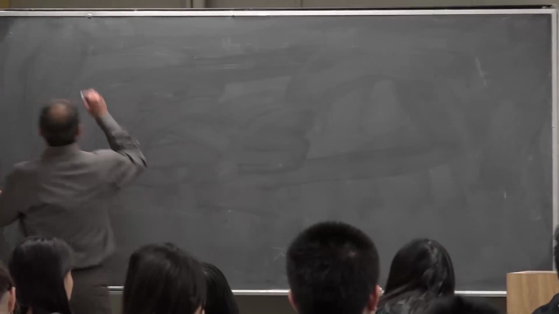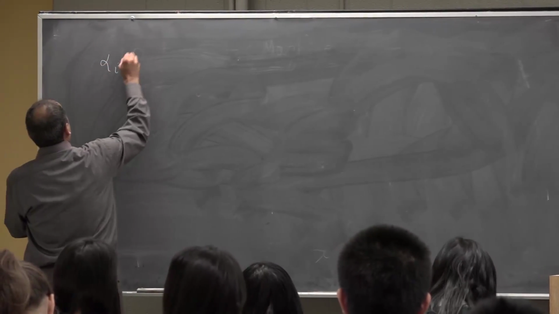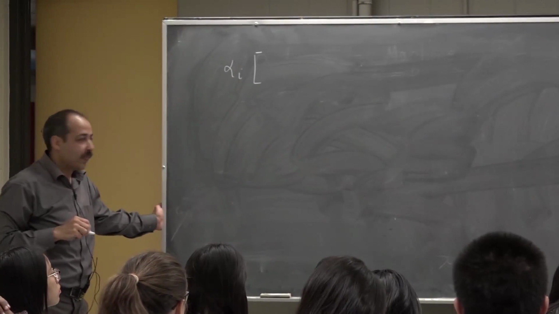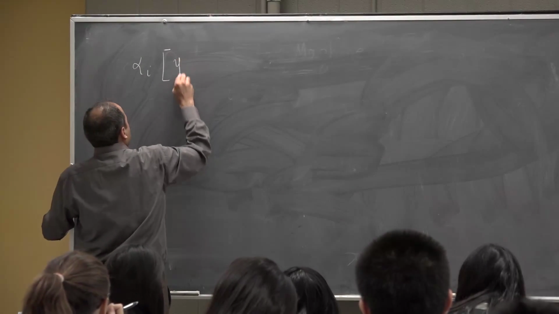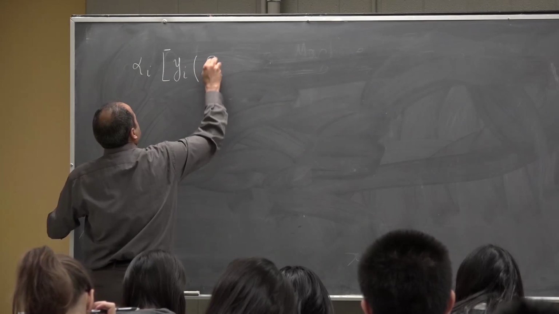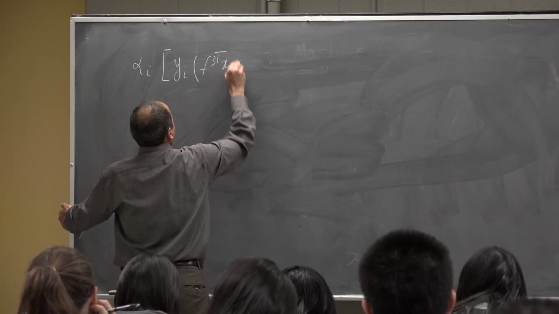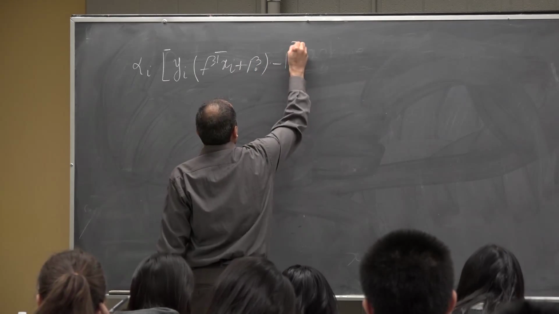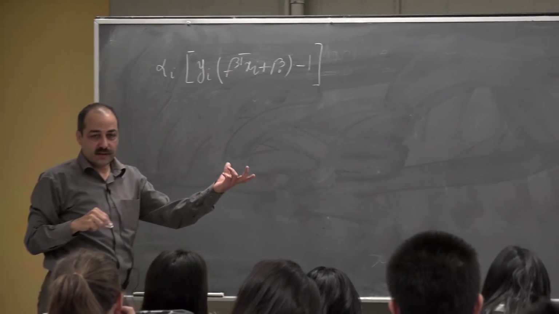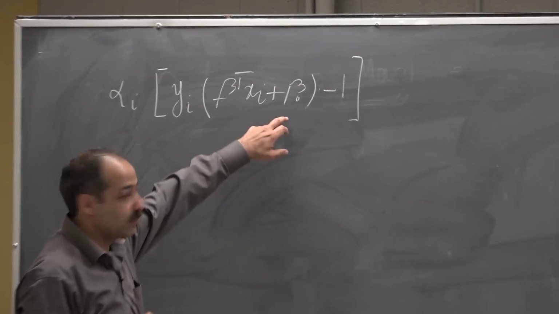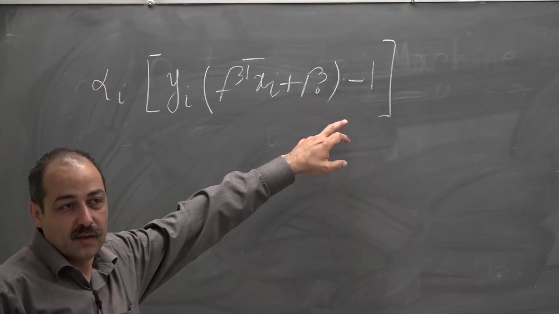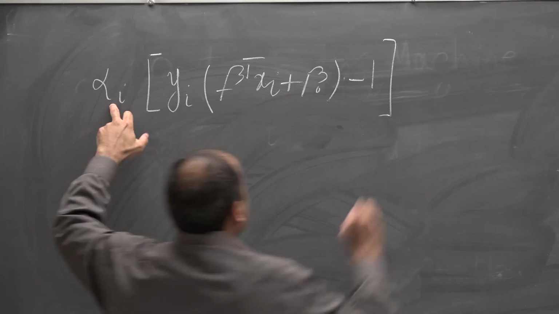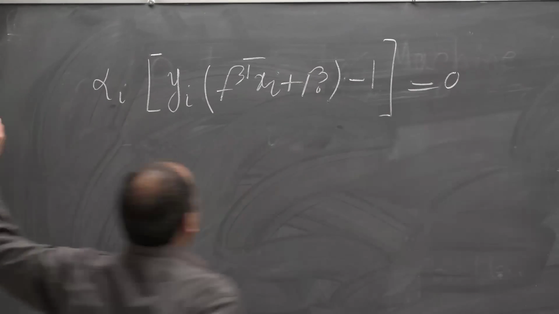It tells me that alpha_i times the constraint g_i, where the constraint was y_i times beta transpose x_i plus beta null minus 1, that was g, because this was supposed to be greater than or equal to 1. So this minus 1 should be greater than or equal to 0. That's my g. This product should be 0 for all i.